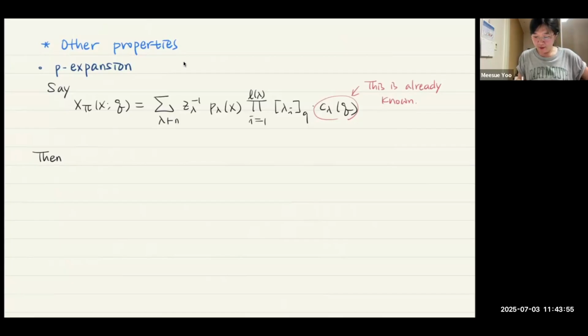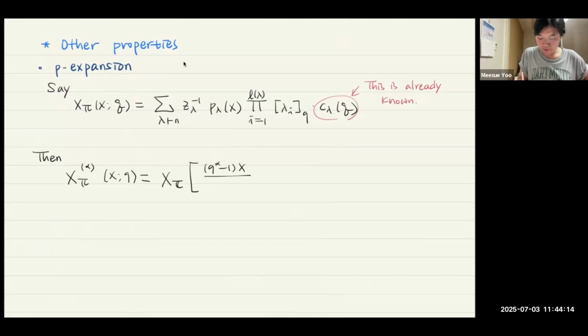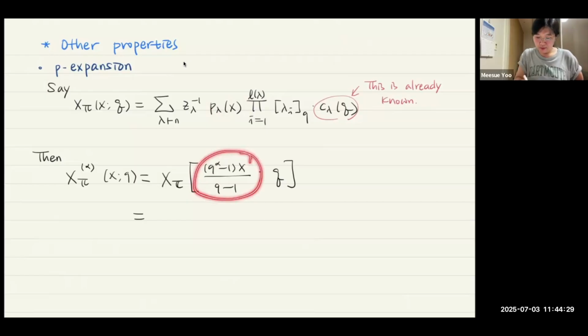So say we have this p expansion of the original chromatic symmetric function, then our alpha chromatic symmetric function, we defined that as the plethystic substitution of x to q to the alpha minus 1 x over q minus 1.